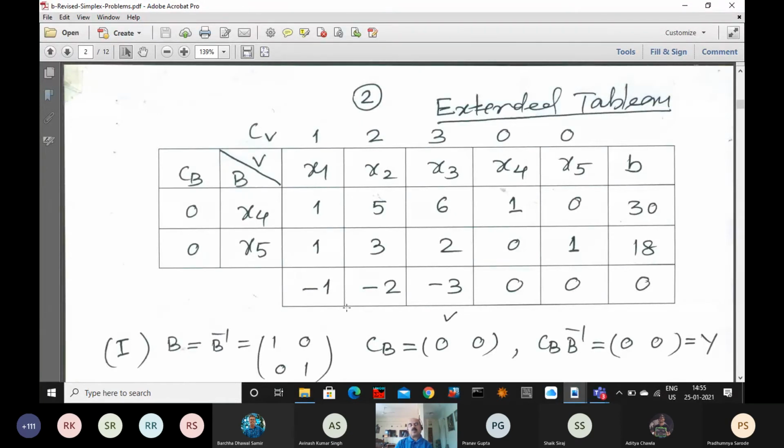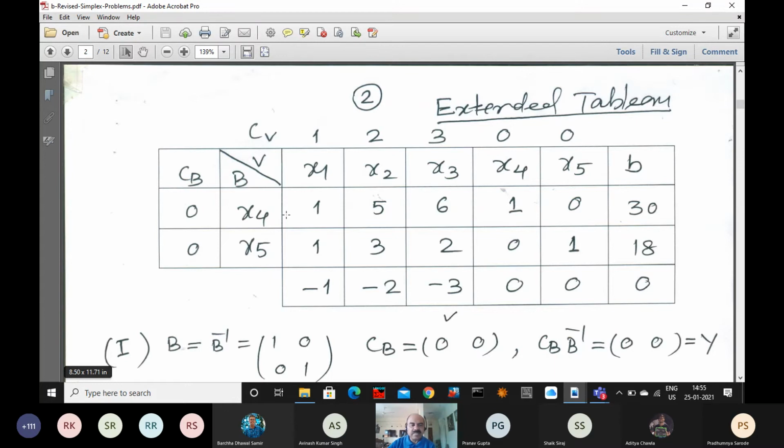So this is the table we have. Please look at the table. In this revised simplex method we are forced to use an extended table. Only one table will be used, not more than one, so once the information is there, you will save it. Earlier we were writing basic variables and non-basic variables.